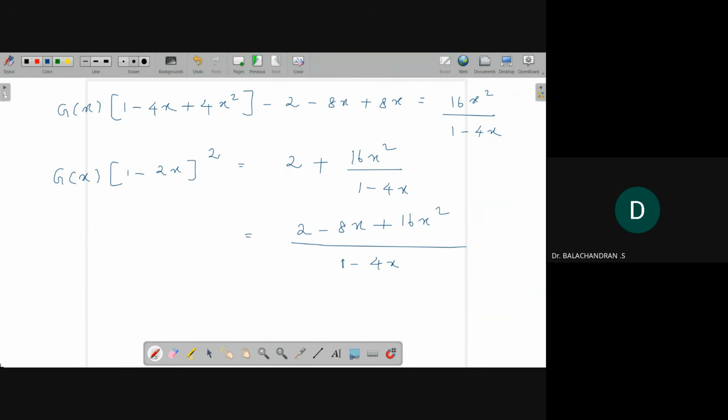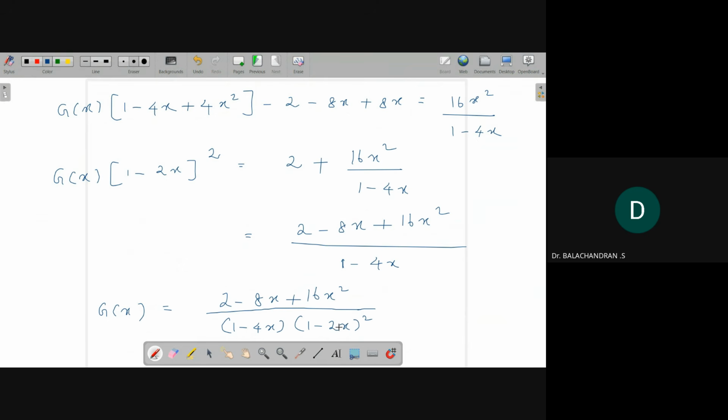So g of x is equal to 2 minus 8x plus 16x square divided by 1 minus 4x into 1 minus 2x whole square.